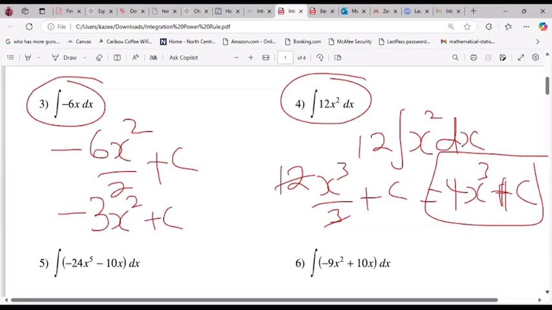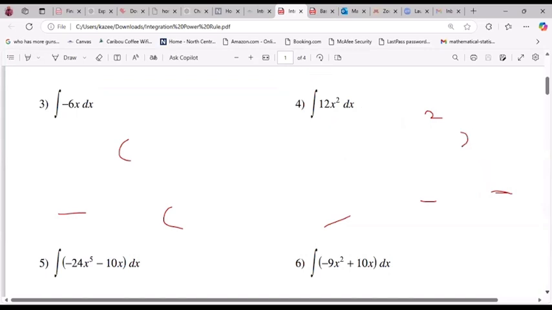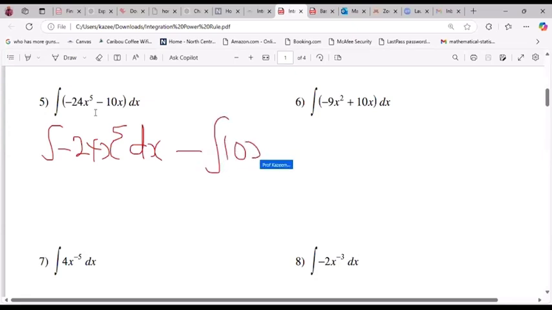Now, in a situation where you look at equations 5 and 6, where we have a linear combination, we're just going to find the antiderivative one at a time. For instance, if you take a look at question 5, I can write this as this, minus the integral of 10x dx.